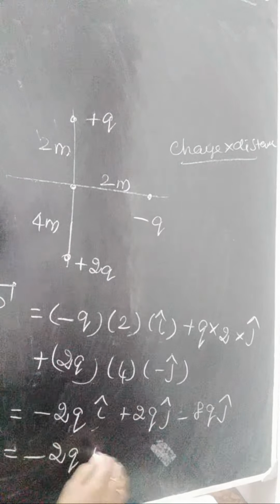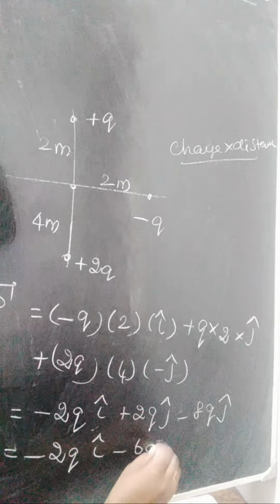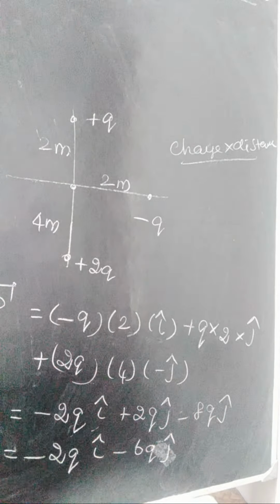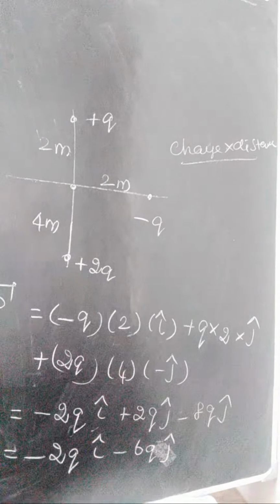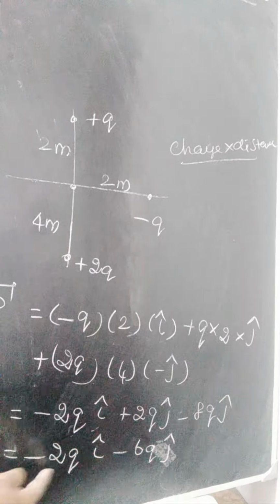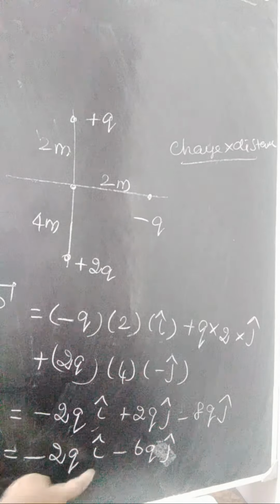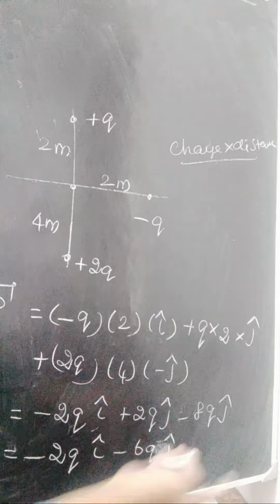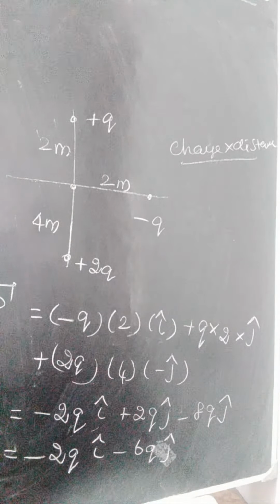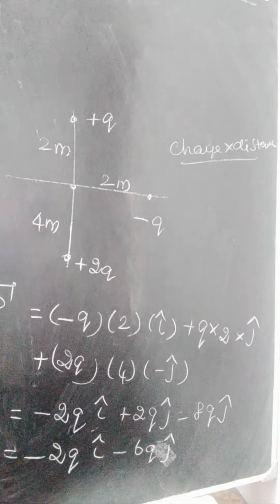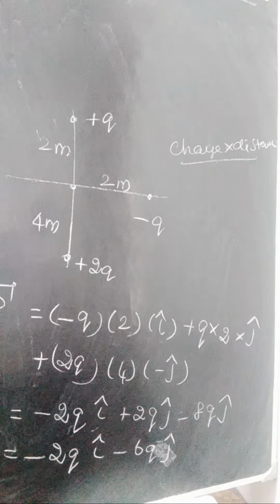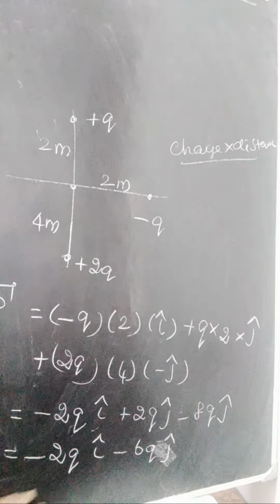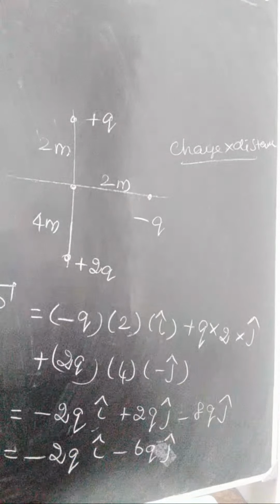Minus 2q i cap minus 6q j cap. And 2q as a common term also you can take. Minus 2q if you are taking as a common one, then i plus 3j. You will get like that. That depends on the answer. Whatever the answers they are giving, you can find out that value.